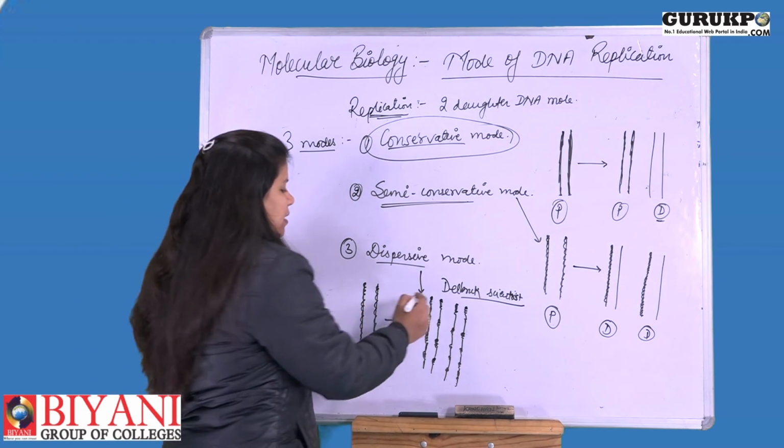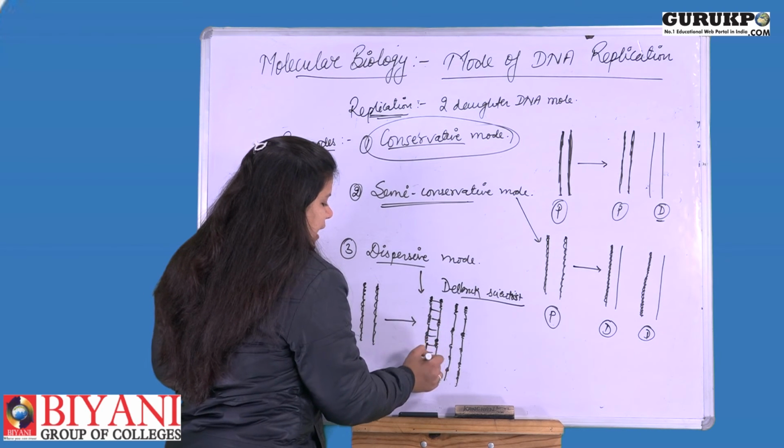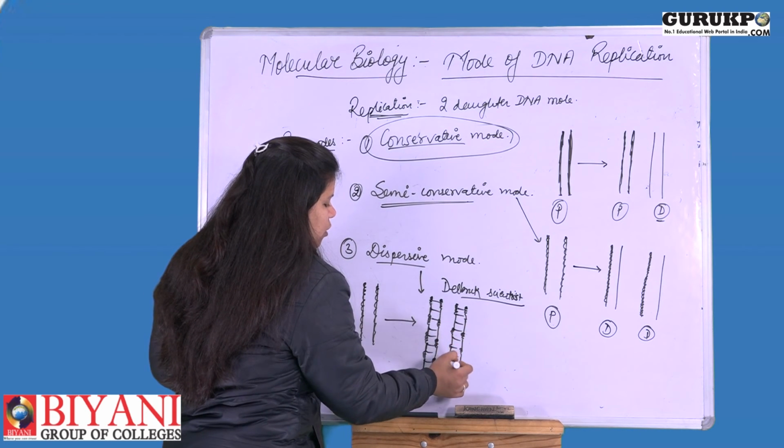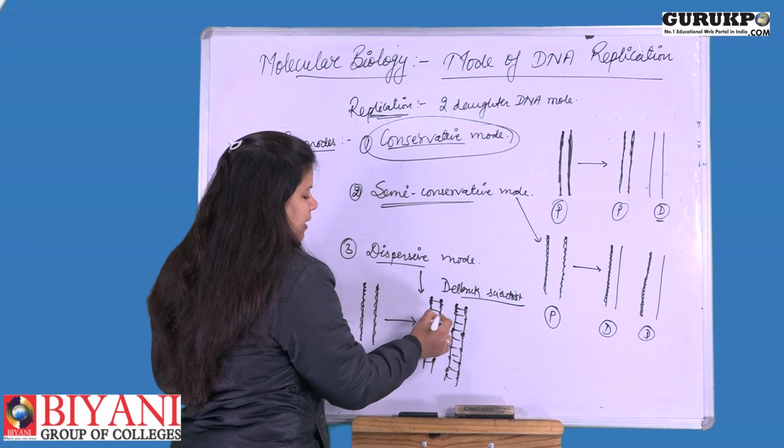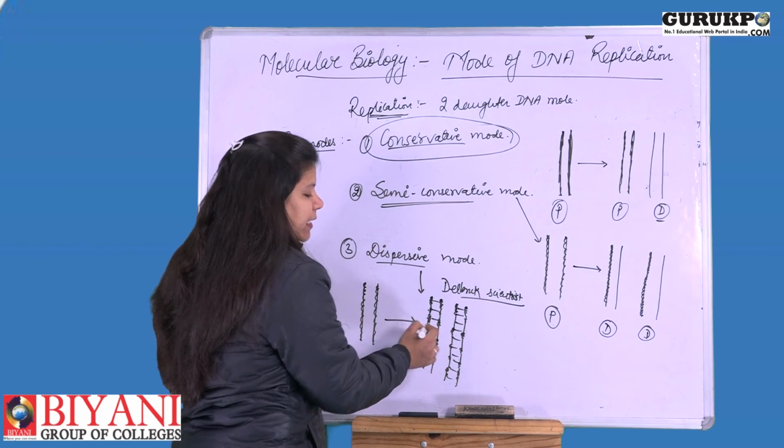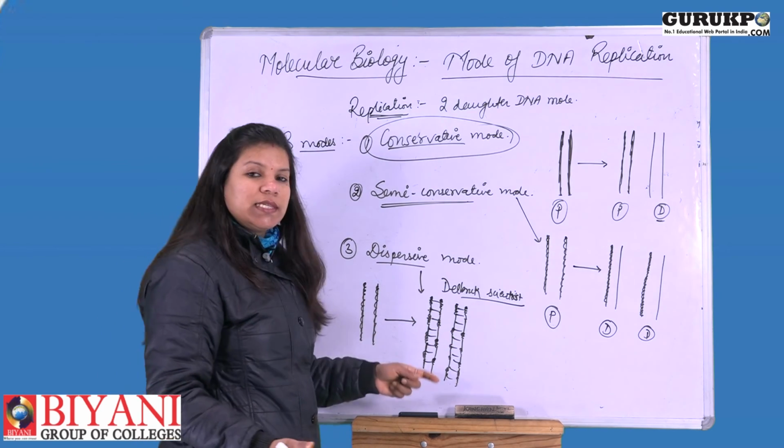As you can see, these DNA strands have a few portions of the parental DNA, and again a few portions of the daughter DNA, again a few portions of parental DNA and again the newly synthesized DNA.